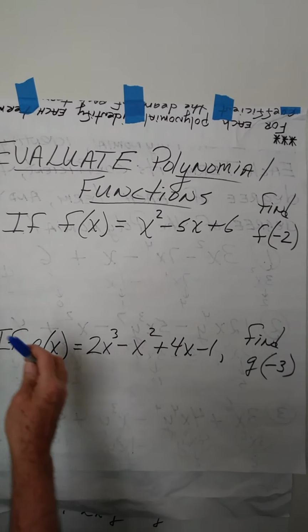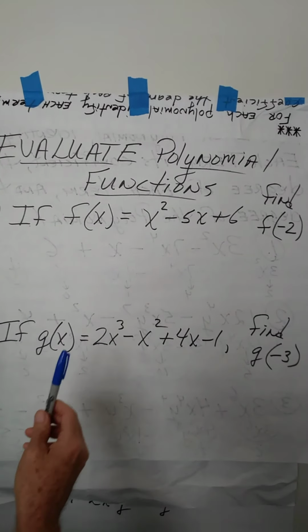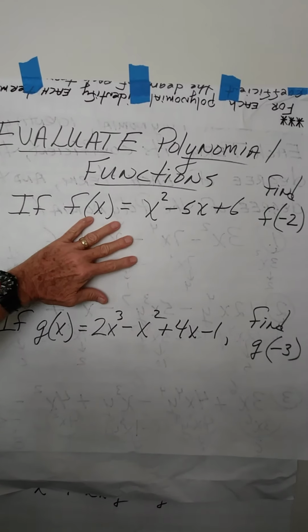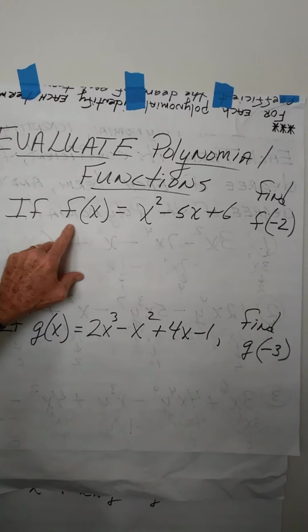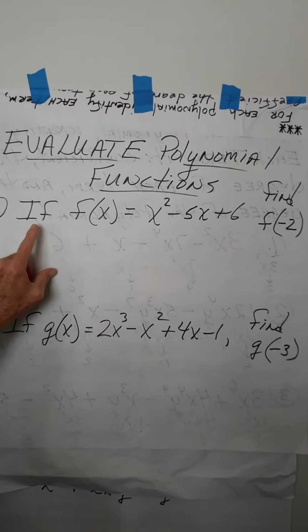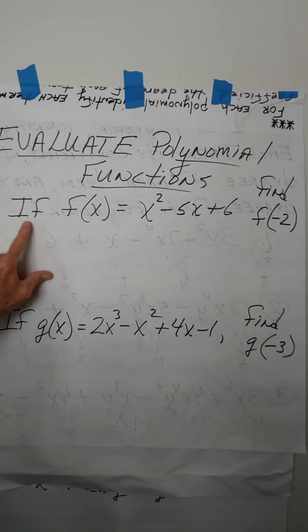And we evaluate it in the same way as we've evaluated all functions. So let me just use the right terminology and read this, and we'll go through it and do it because we've done it before. Here's how it reads.